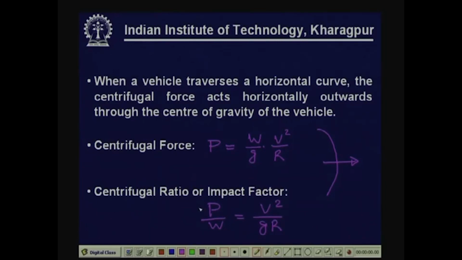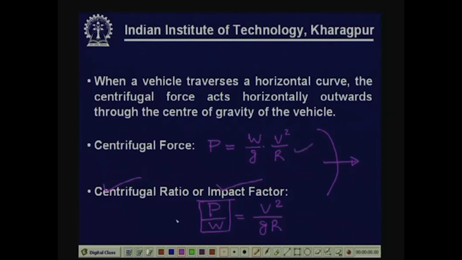This P by W term is known as the centrifugal ratio or the impact factor. So, what we understand is that the centrifugal force acting outward is W by g into v square by r, as shown here.